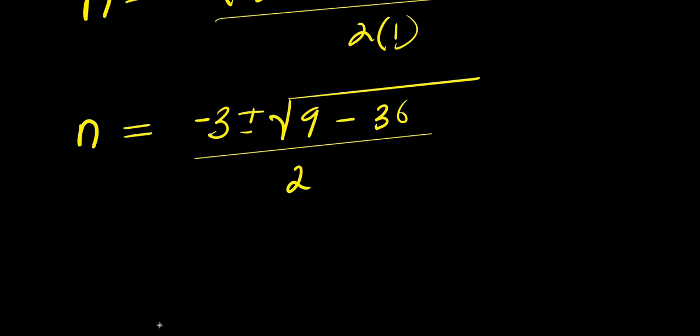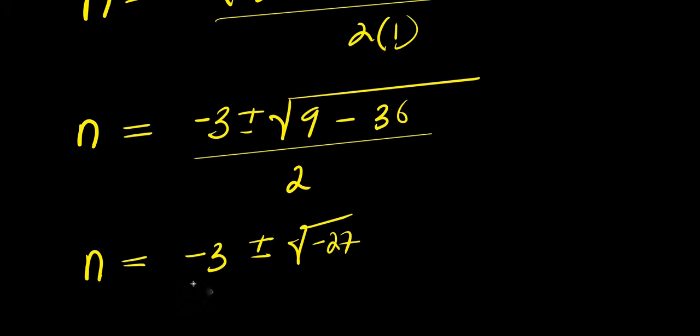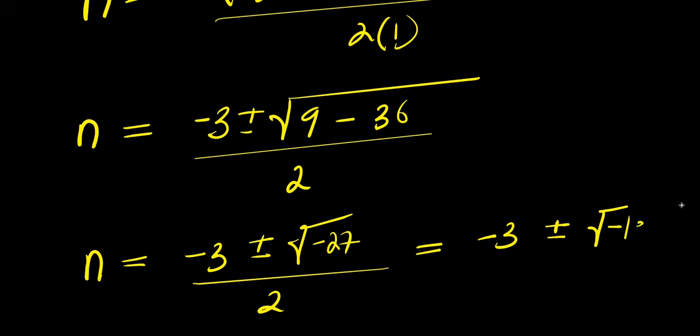So from here, n equals negative 3 plus or minus square root of, this is negative 27, divided by 2. So this equals negative 3 plus or minus square root of negative 1 times square root of 27 divided by 2.